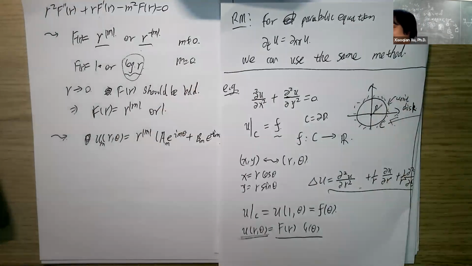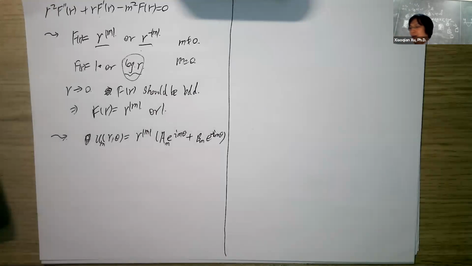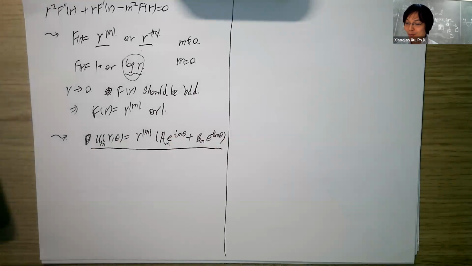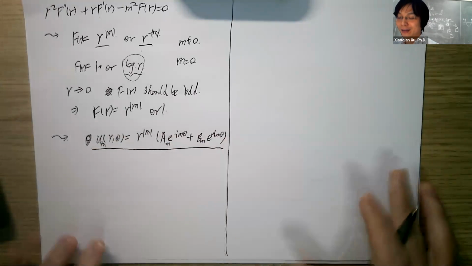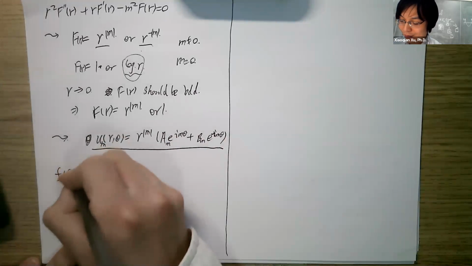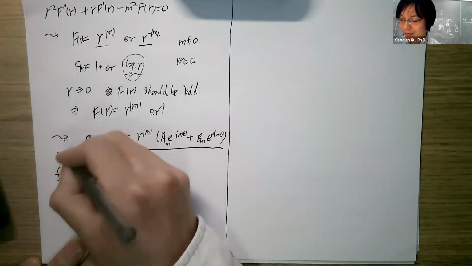It's just some kind of restriction about decay of your function. So we have again this kind of solution, and we want to satisfy our boundary condition.